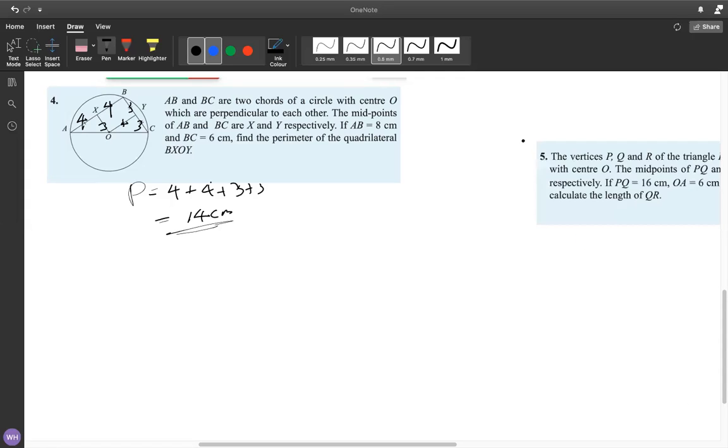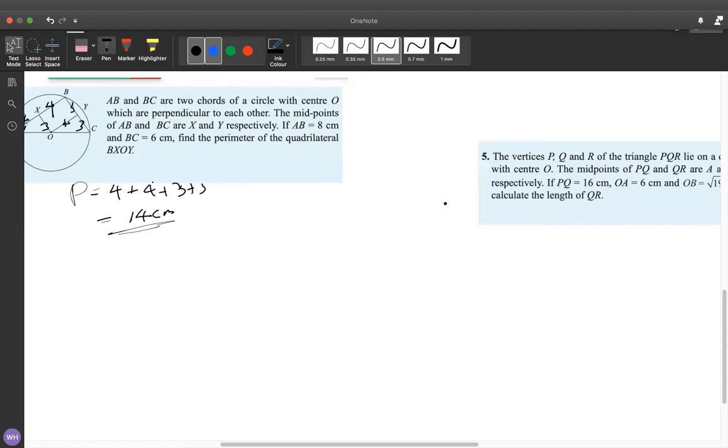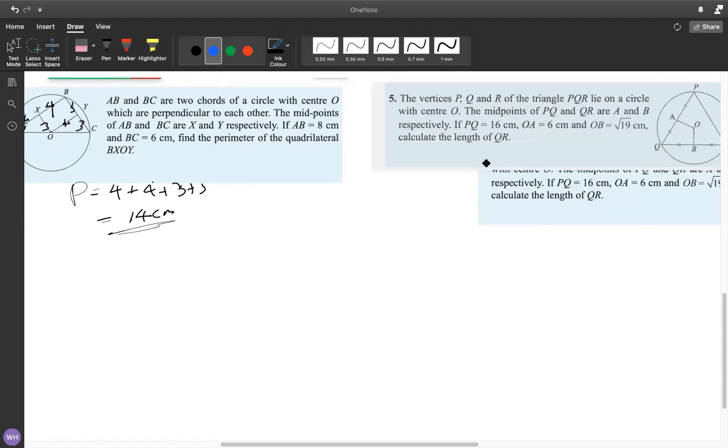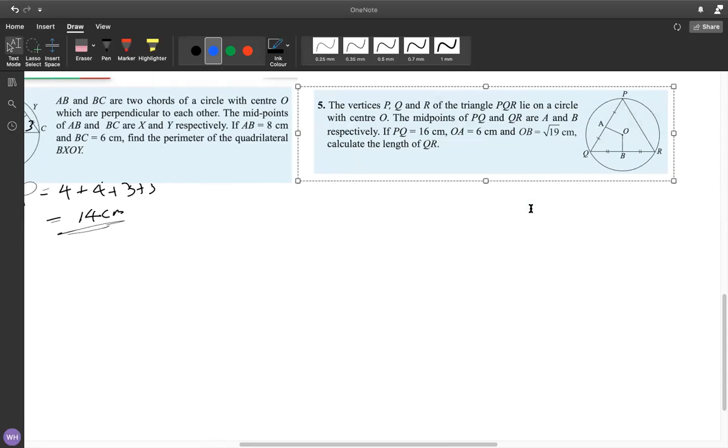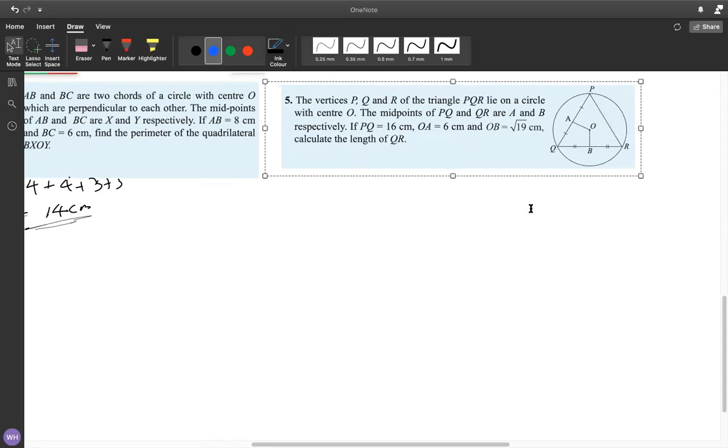So we'll go here. The vertices P, Q, R of this triangle PQR lie on a circle with center O. The midpoints of PQ and QR are A and B respectively.